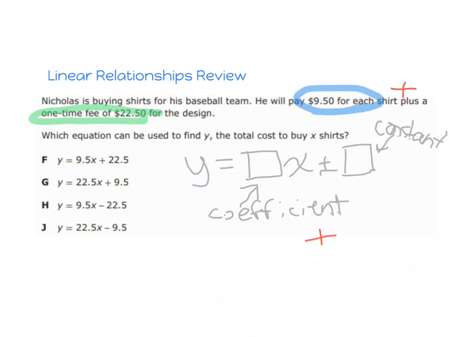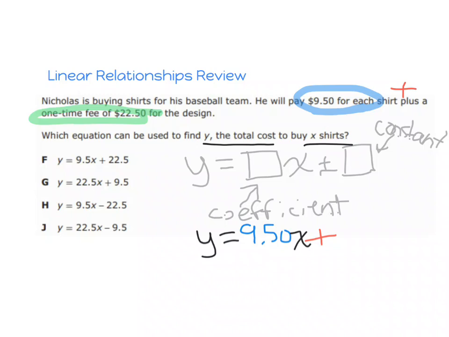And so I go back and I'm like, okay, well, y equals, and y in this case is the total cost. They told me right here in the question. So to get the total cost, I'm going to take my $9.50 per shirt. Now here's the other part. X has to go with the $9.50 because X is standing in place of the number of shirts.